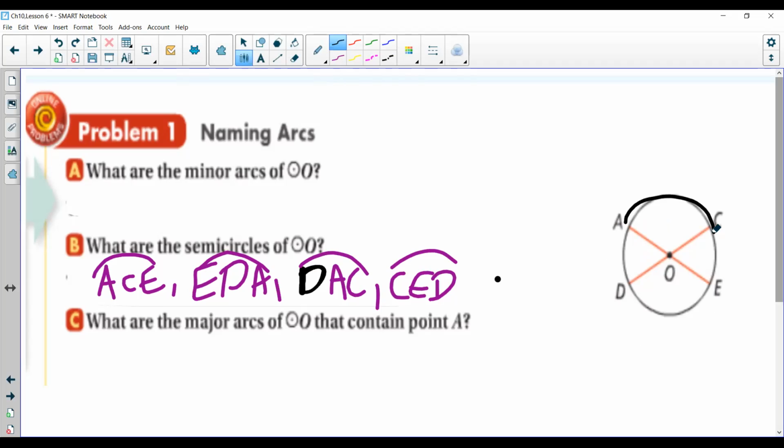No, because it's not like CE. A semicircle makes the circle, or cuts the circle, into two equal halves. Is this part the same as the bottom one? No, so this is not a semicircle. This is the meaning of the definition of a semicircle. If you want to name a semicircle, you need at least 3 points.